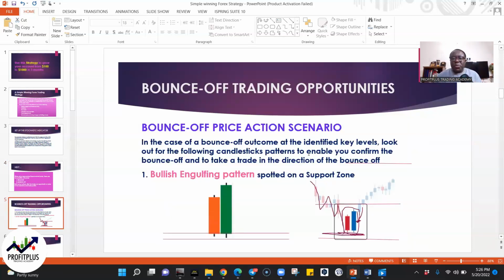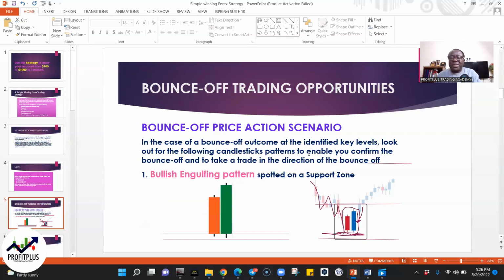Now, look at the two opportunities. We're going to show you some. Now we're bringing in candlesticks. The first thing we did was to identify the turning points in the market on higher time frame. The second thing, to validate those turning points, making use of stochastics.